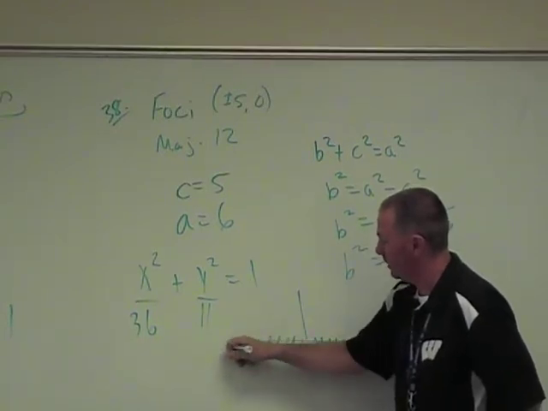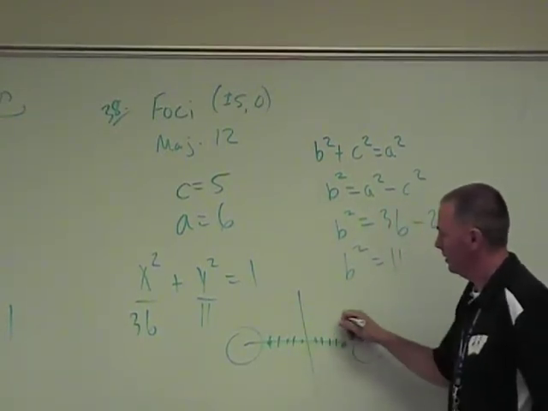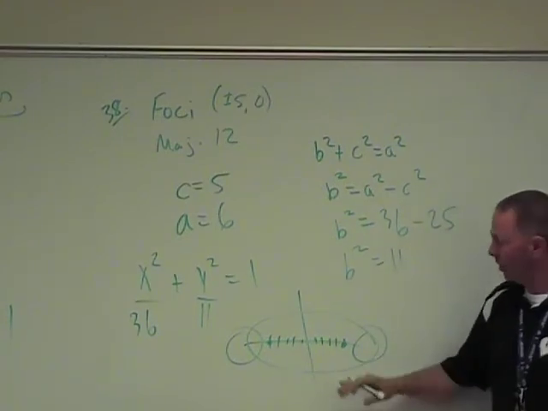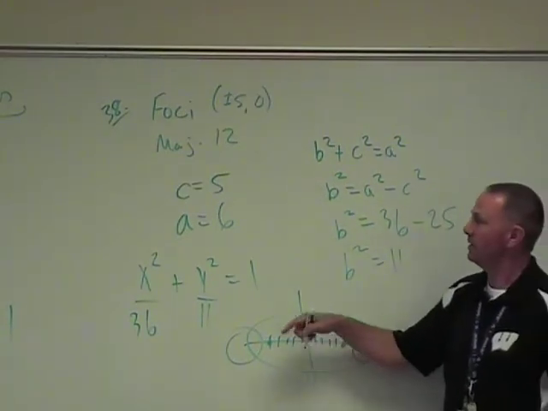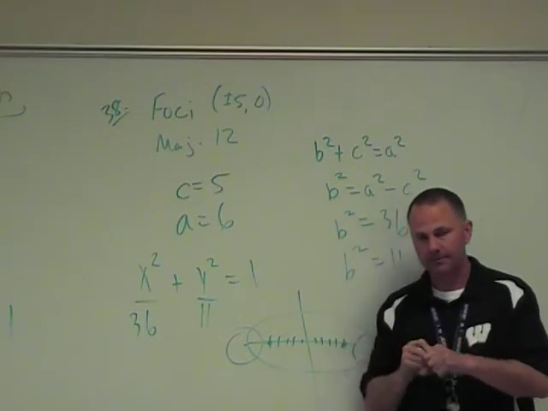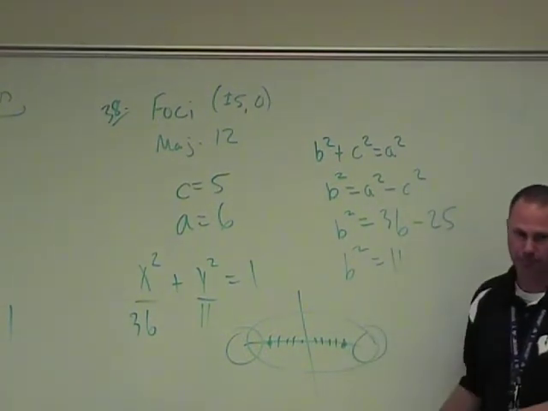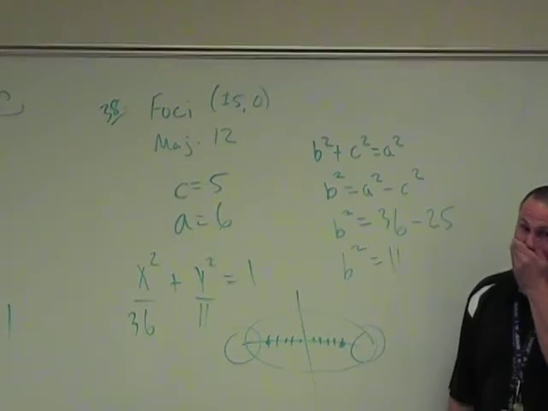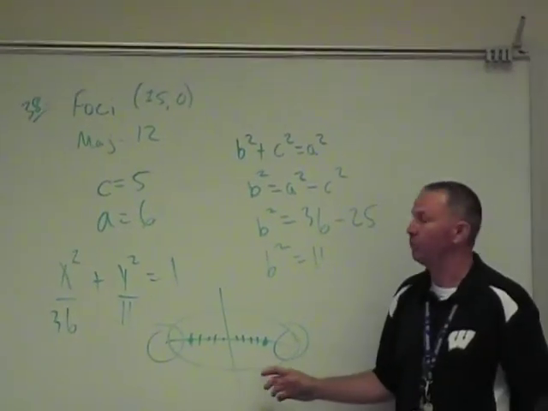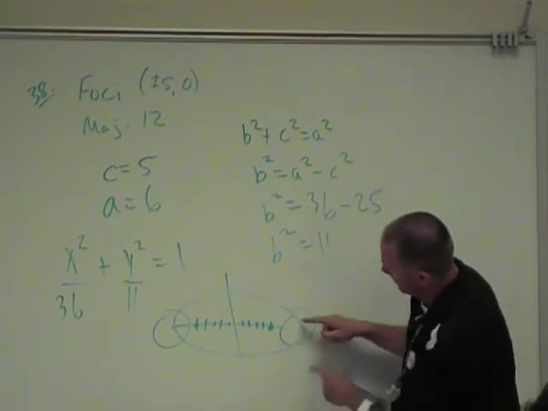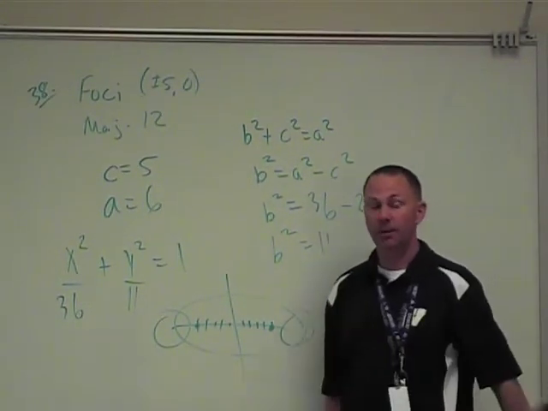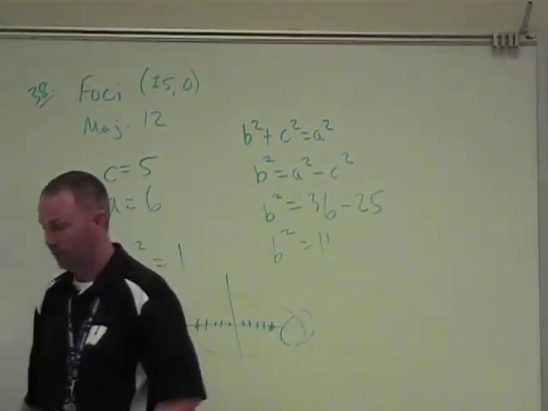Well, the vertices have to be over here somewhere. This is the horizontal. They're on the x-axis. So that means A has to be under the x. It couldn't be the other way. It can't be a 5. The focal point's on the inside of the parabola. They go the opposite way. The hyperbola is the same way.